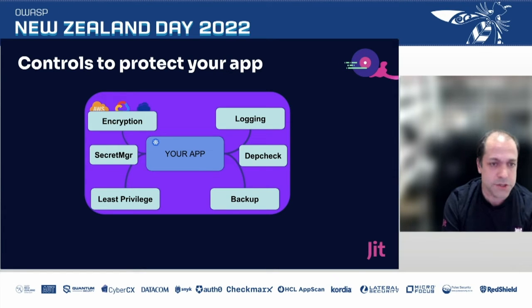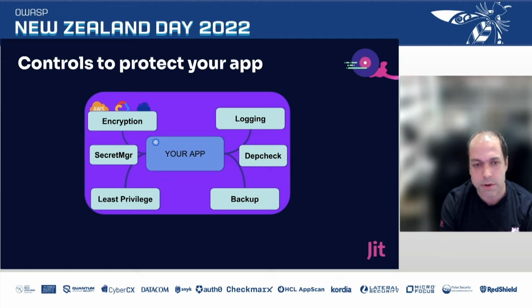For the traffic, you make sure that all the traffic is encrypted. You want to use a secret manager. Ensure that you're using least privileged access for the different access between your microservices. For the incident, you want to make sure that you have some logging in place so that you can review what's happening.